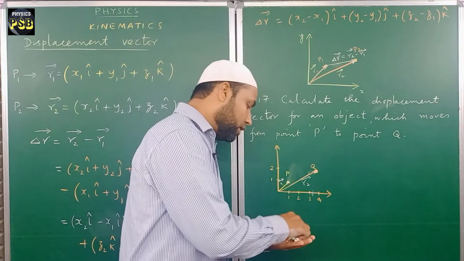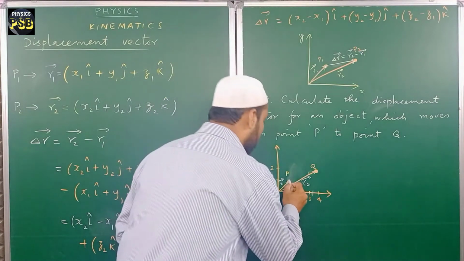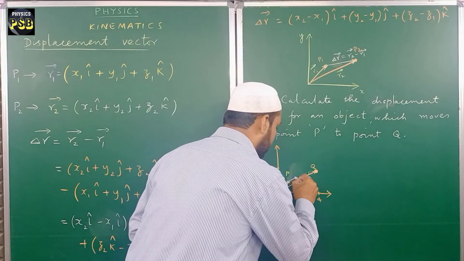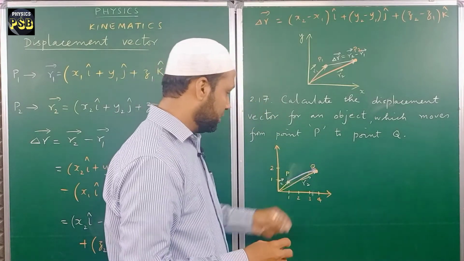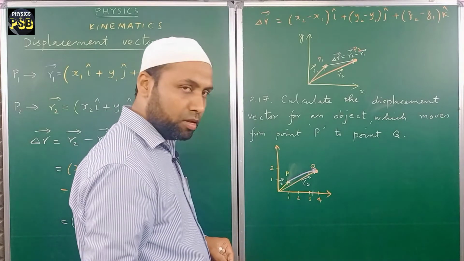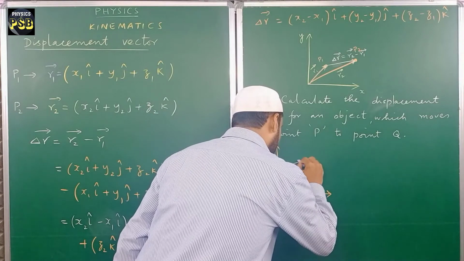Okay, so to get the displacement vector, what has to be done? We connect these 2 points with the help of a line. Okay, this line gives me the displacement vector and represents letter delta R vector.